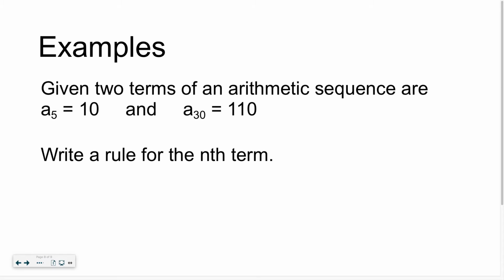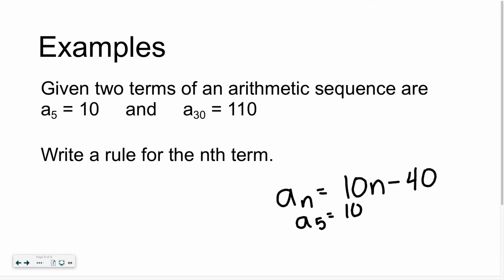I got 10 and minus 40. Oh, minus 40. Oh, that's right. That was 4. So I might check a sub 5 equals 10 times 5 minus 40.